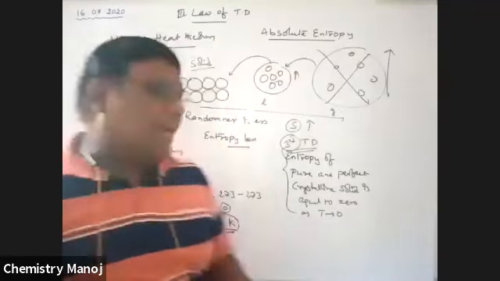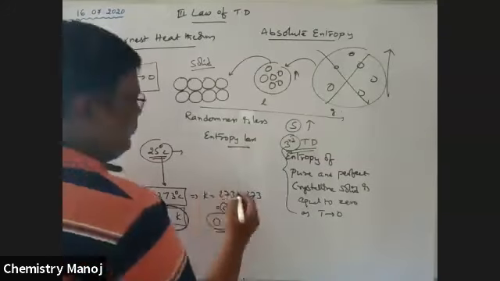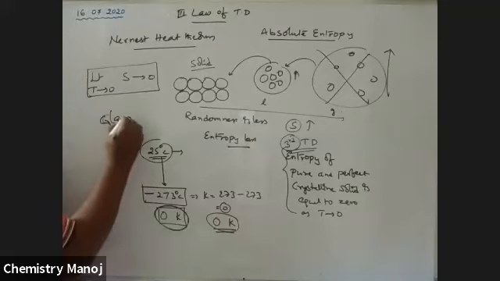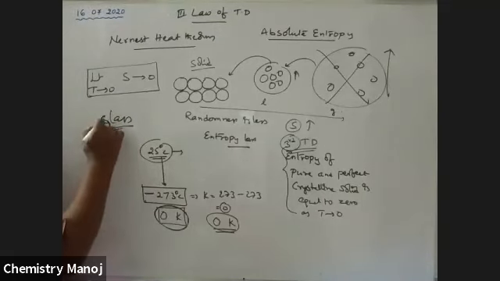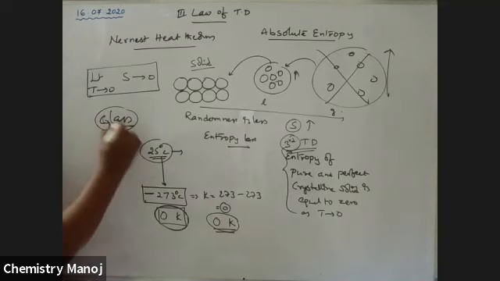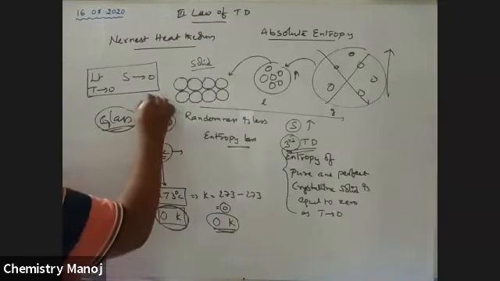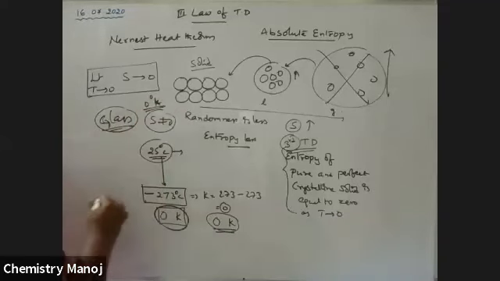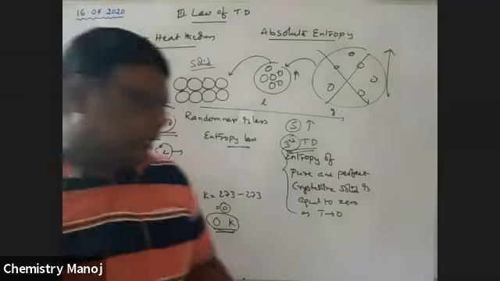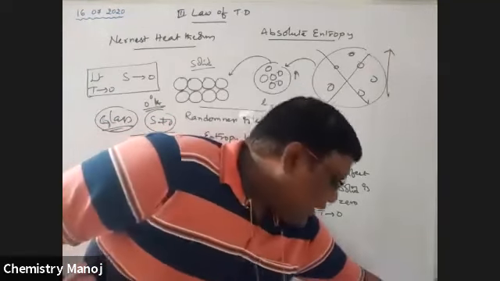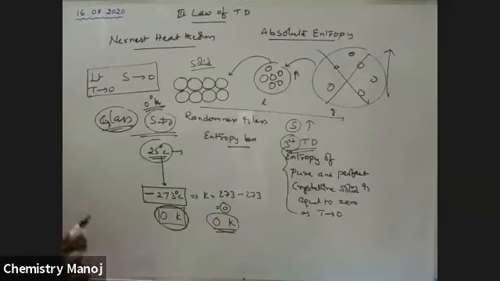Glassy materials have entropy not equal to zero, even at 0 Kelvin. This is clearly a violation of the third law of thermodynamics.